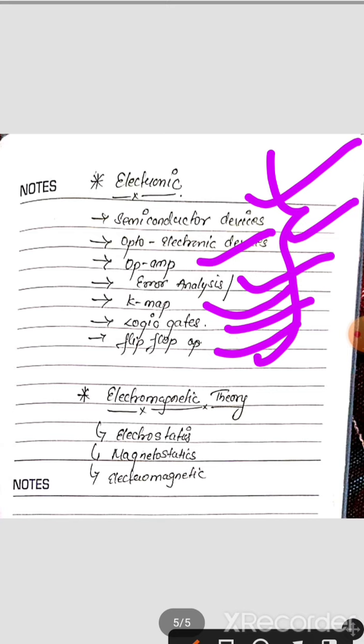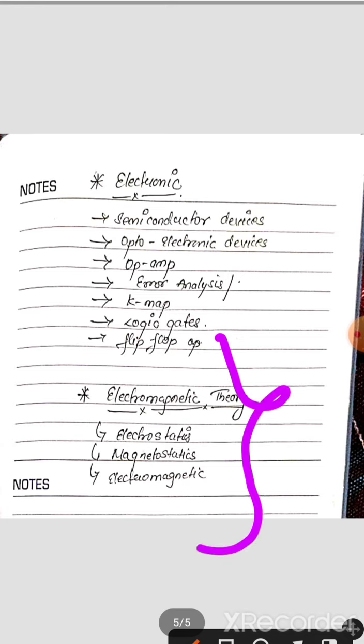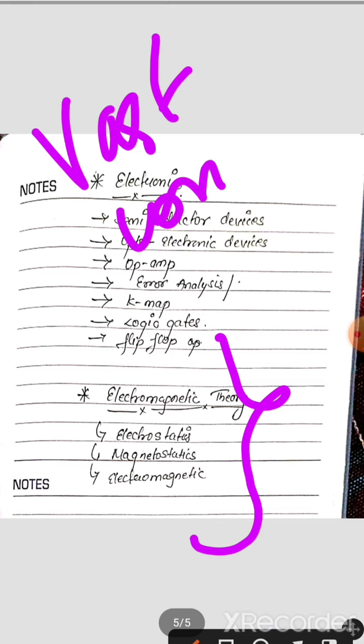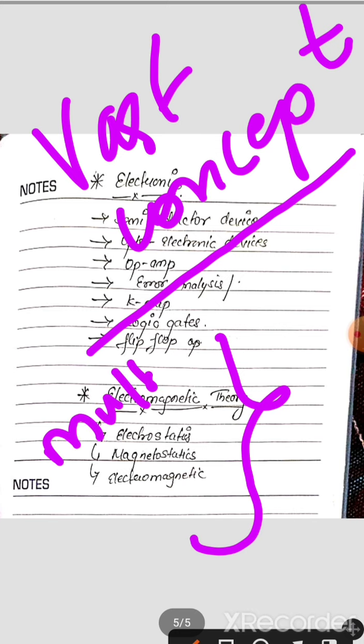Okay, and next, coming back to electromagnetic theory. Here I have just mentioned electrostatics, magnetostatics and electromagnetic theory, because this is such a vast concept. In this we cannot say that this is the only thing that you have to learn. It has multiple applications and multiple things should be learned.